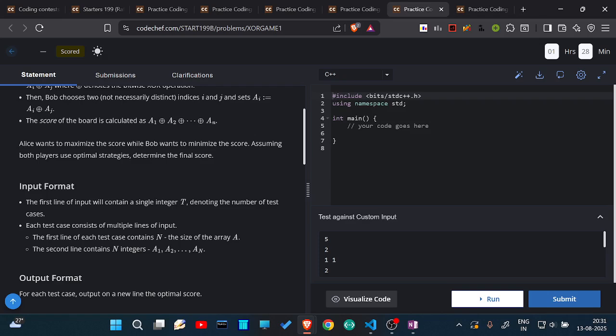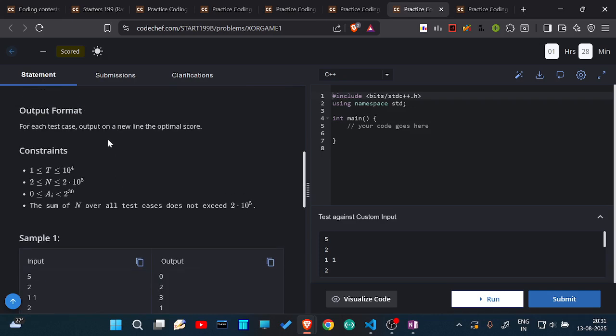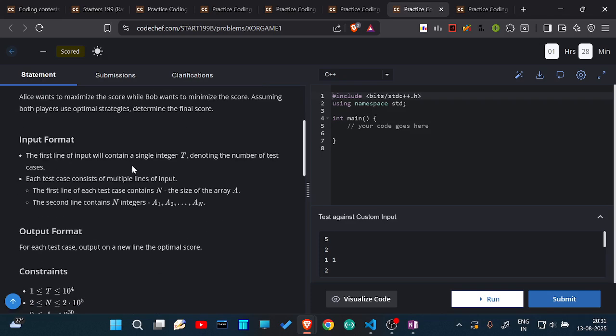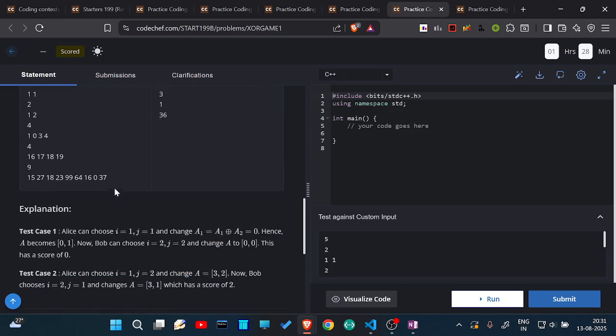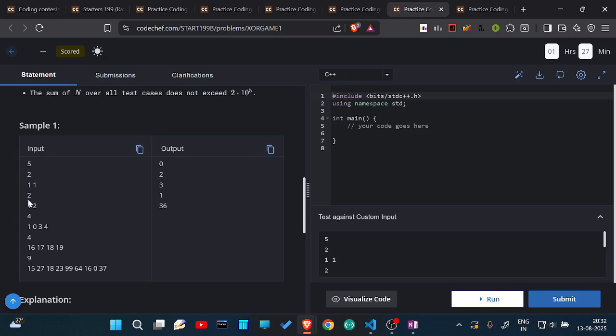When we do XOR with both elements, then we just get zero. So how much is the third test case?